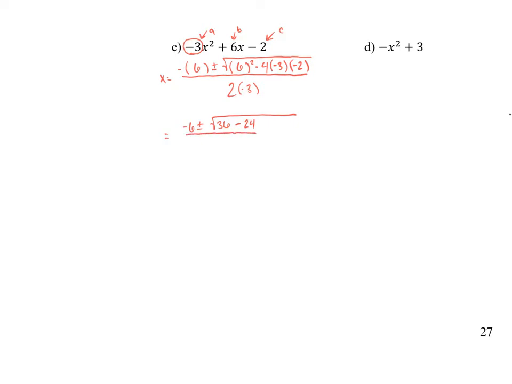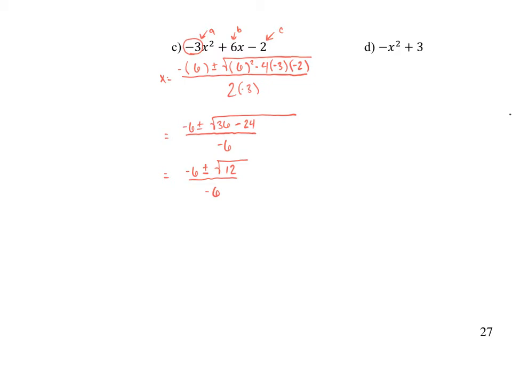And that's all over 2 times negative 3, which is negative 6. All right, let's keep going because we can simplify that a little bit. Negative 6 plus or minus the square root of 12 over negative 6.